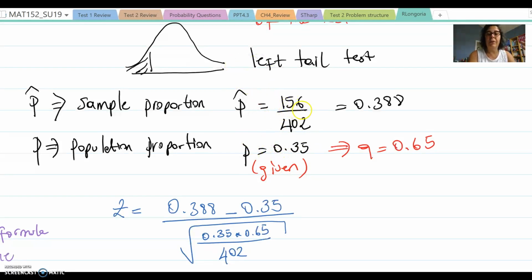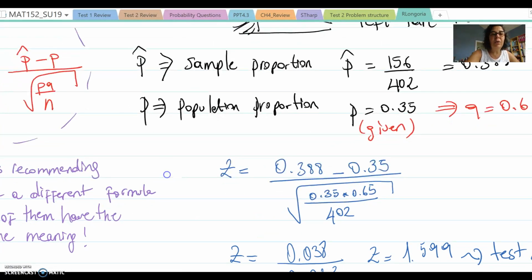So for the sample proportion, we're taking 402 people as a sample, and 156 of them say yes. So that's why we're taking that ratio, and it is going to give us that number written here, 0.388. Okay, P was given as 0.35.